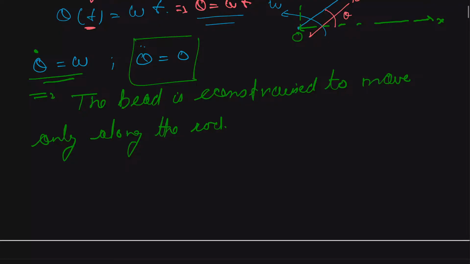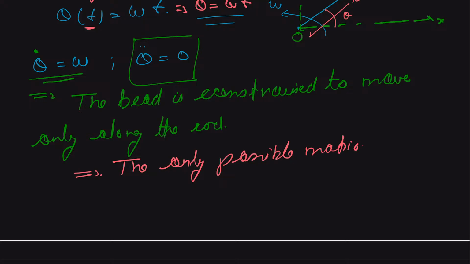Therefore its only possible motion is radial, and that is our r of t.